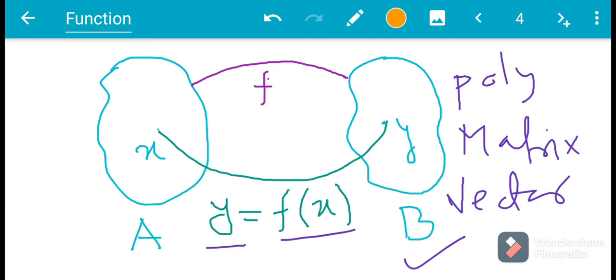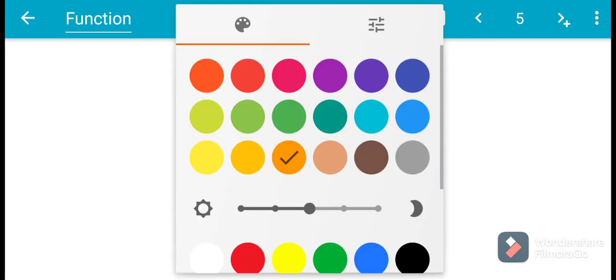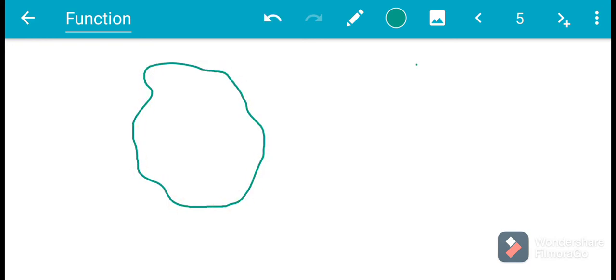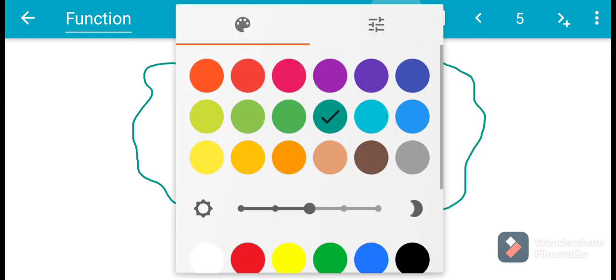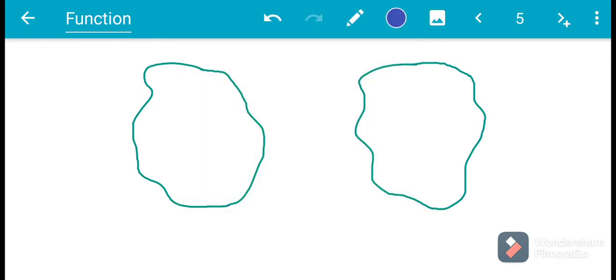Now come to some interesting things. We have seen this part about domain and codomain. Now, these things are better understood in the form of a diagram.